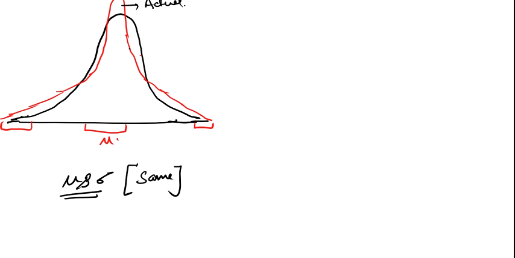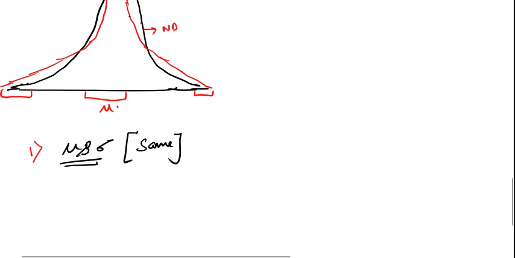And the red one, sorry, the black one is actually the normal distribution. So this is a comparison between the normal distribution and the actual distribution. One point where I can compare is that the mean and the sigma of both are the same. Clear? But the point of difference is in the tails.